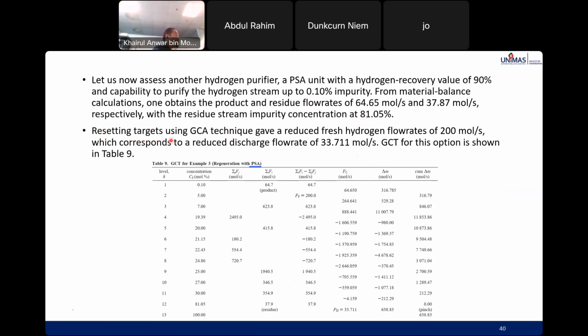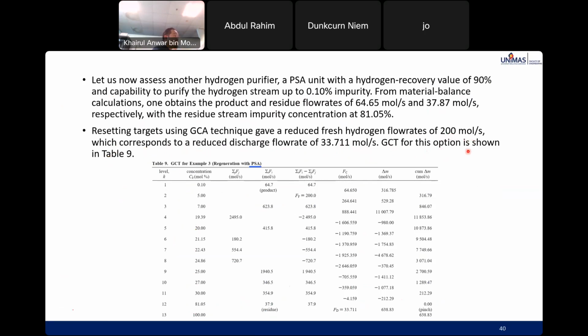Resetting the target using the GCA technique gives a reduced fresh hydrogen flow rate of 200 mole per second. This corresponds to a reduced discharge flow rate of 33.711 mole per second.